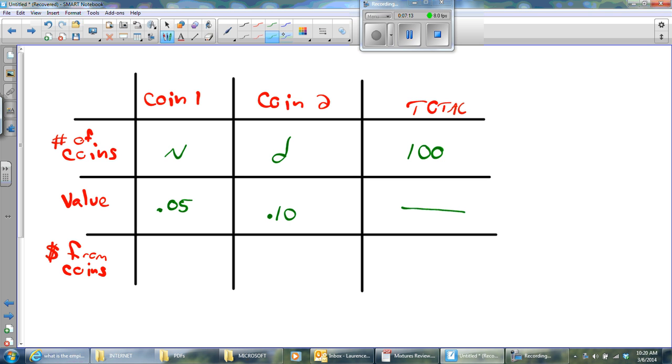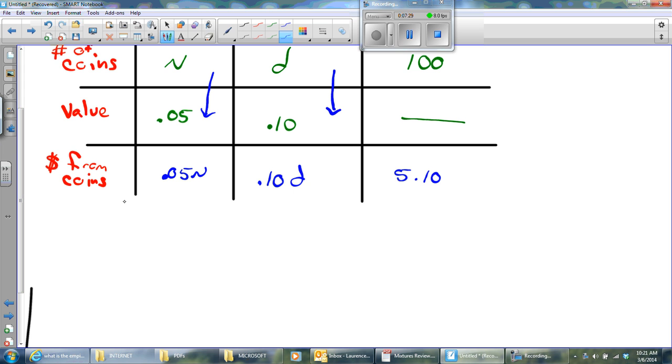So I multiply down, and I get a 0.05n, and I multiply down and get a 0.10d, and then my value is $5.10. So I now have my 2 equations. I know that n plus d equals 100. And 0.05n plus 0.10d equals 5.10.